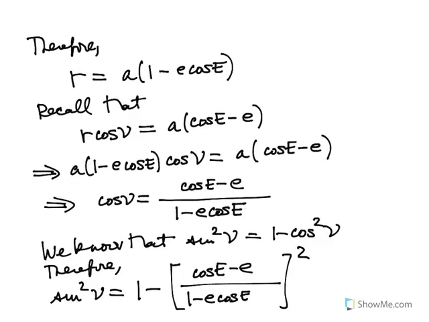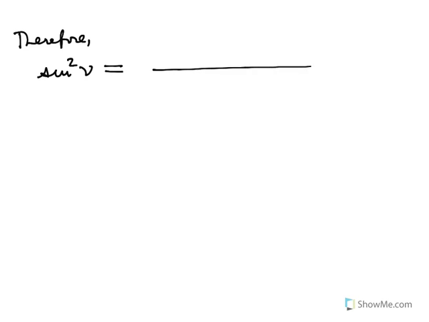So therefore, sine squared nu is equal to, well, we know the denominator is going to be 1 minus e cosine of E squared, so I'm just going to put the whole thing over that: 1 minus e cosine of E squared.